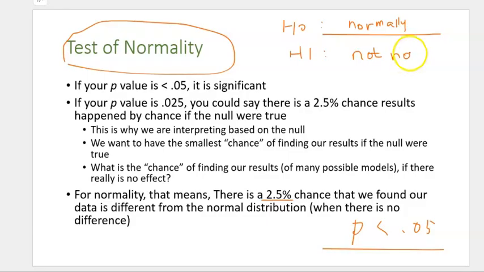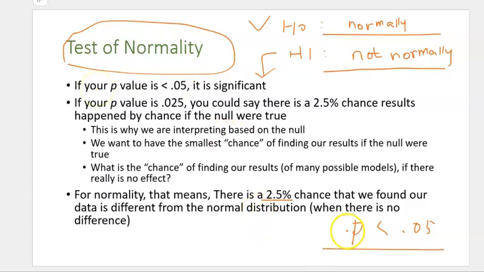So when the p-value is less than 0.05, you have to reject the null and accept the alternative hypothesis. That means the data is non-normally distributed, which is not what we want. This is very important for judging the normality test.